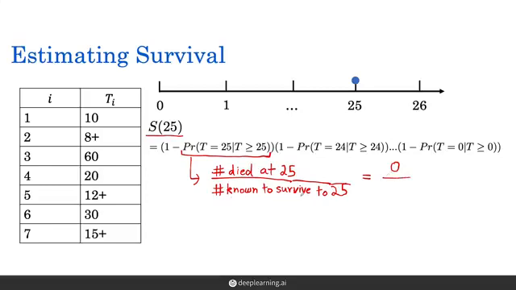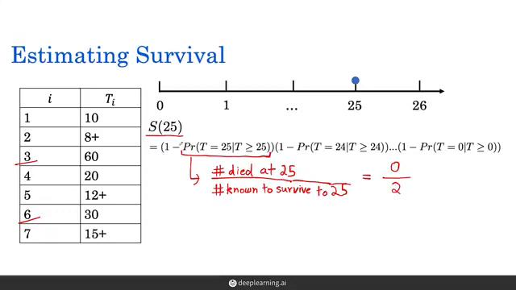Now in the denominator, we're looking at the number of patients known to survive to 25. And patient 6 is known to survive to 25 because they have event times or censoring times after 25. And so the denominator here is 2.